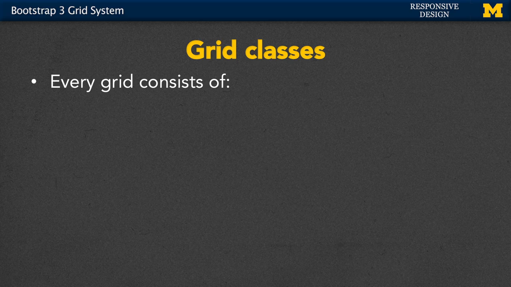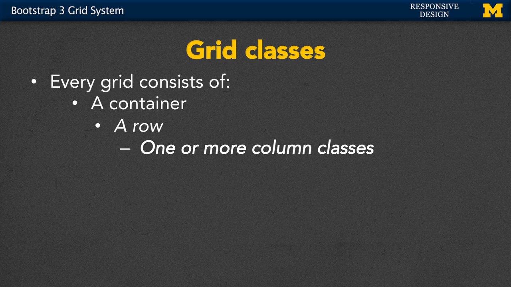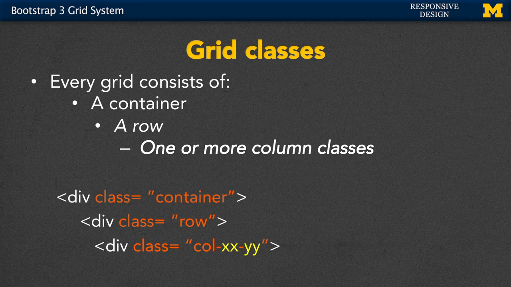Every grid in Bootstrap consists of a container class, a row class, and then 1 or more column classes. So the actual code itself is going to look like this, where XX is going to be the viewport size, and YY is going to be the number of columns that you want to use.